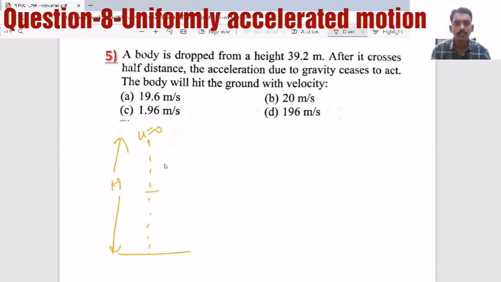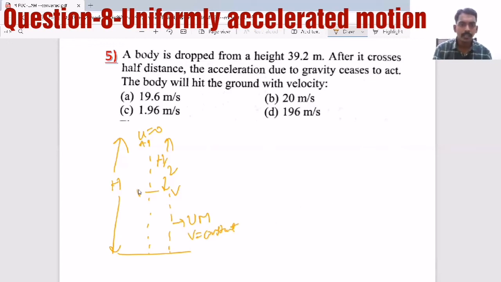After it crosses half distance, that means H by 2, the acceleration due to gravity ceases to act. The body will hit the ground. Suppose it acquired velocity v, then from here to here it will perform uniform motion, that means velocity remains constant because acceleration became 0.